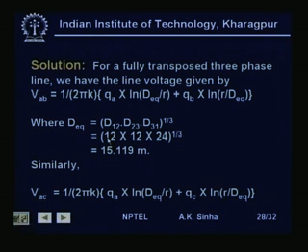Now, substituting these values, we get this as equal to 12 meters into 12 meters into 24 meters, that is the distance between the conductors A and C. The cube root of this will give us 15.119 meters. Similarly, we can write the relationship for VAC, and VAC will be equal to 1 by 2 pi epsilon into QA into ln DEQ by R plus QC into ln R by DEQ.